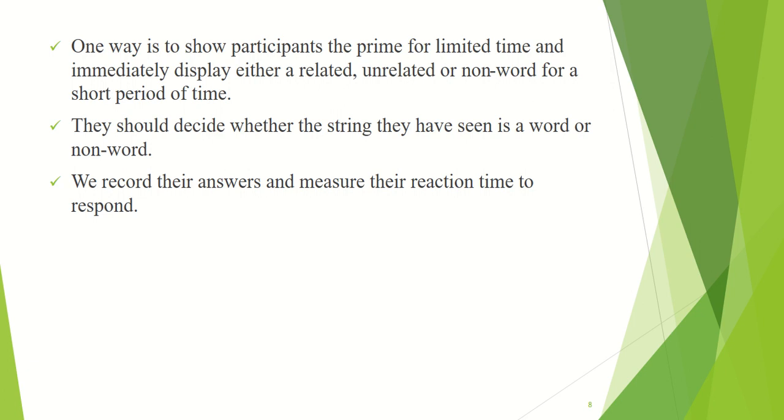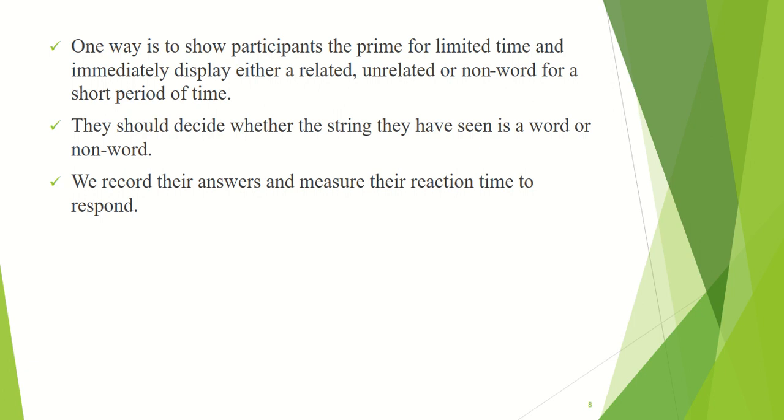The target word is either related, unrelated, or a non-word. Then they should decide whether the string they saw on the screen is a word or non-word, and we record their answers and measure the reaction time to respond.